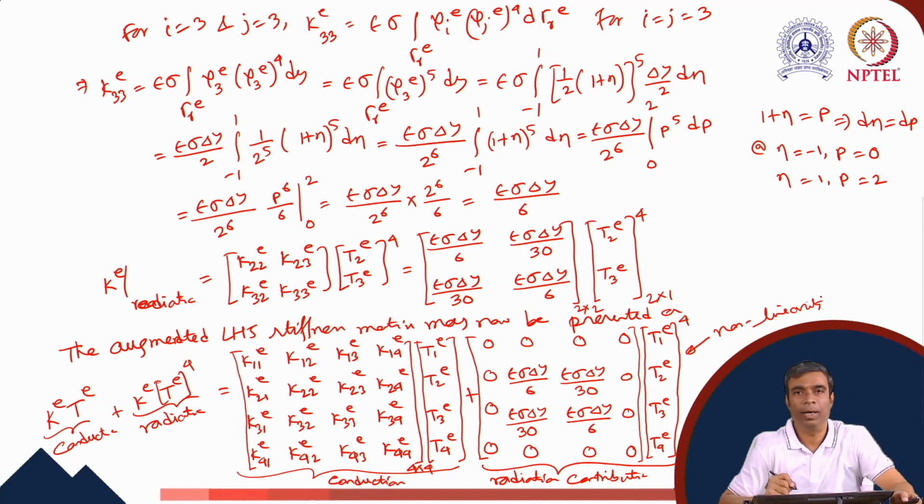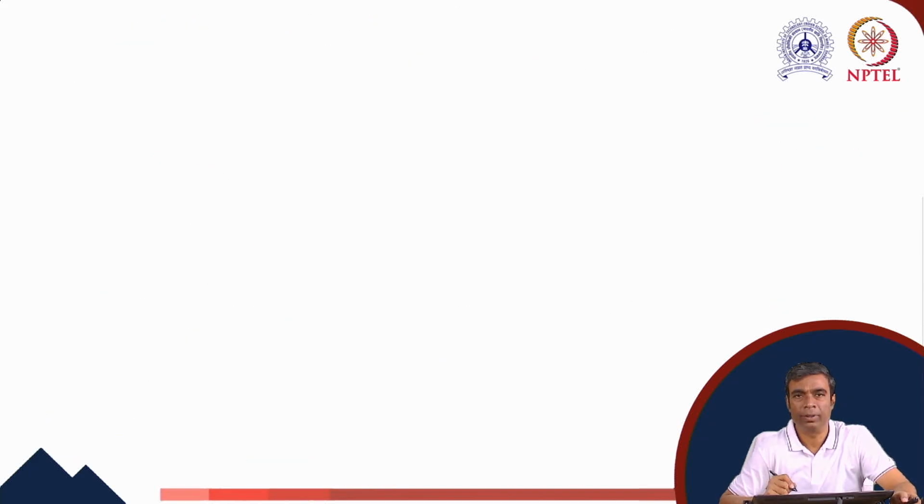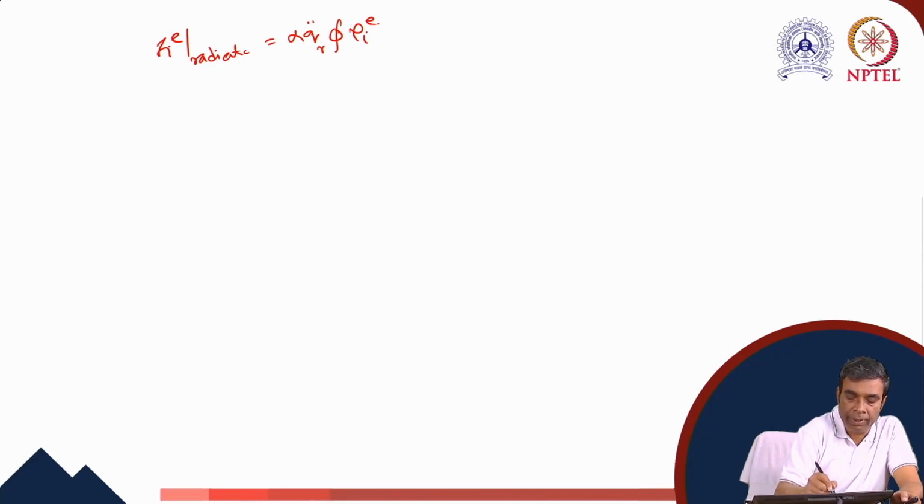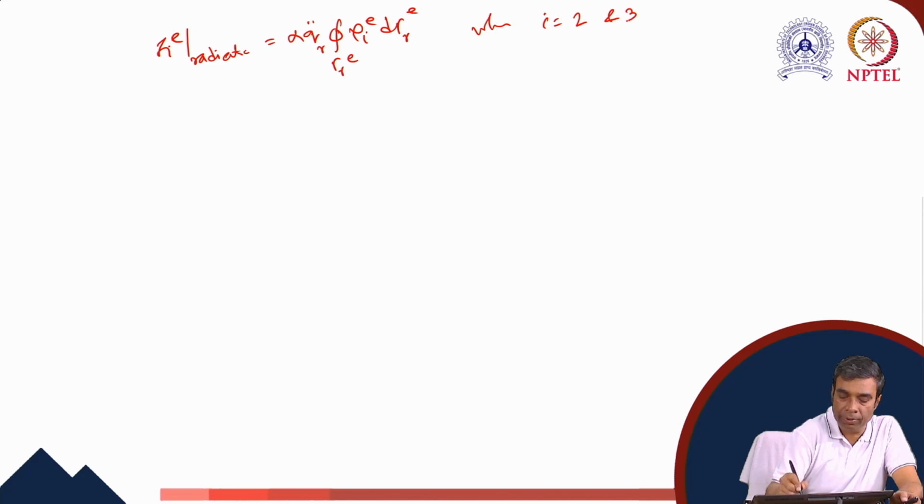Now we are left with the load vector. So F_i^e due to radiation equals alpha q_r double dot boundary integral along gamma_R^e of psi_i^e d gamma_R^e along gamma_R^e, where i equals 2 and 3.